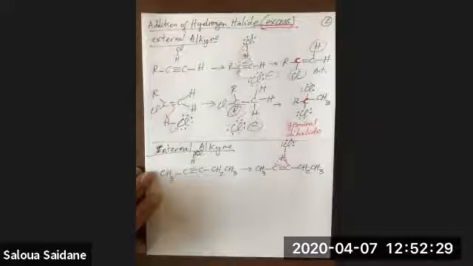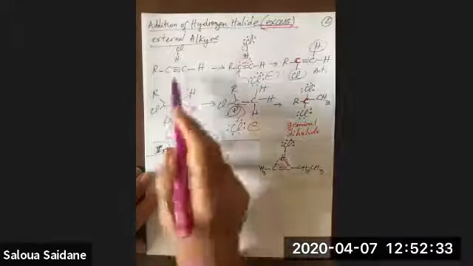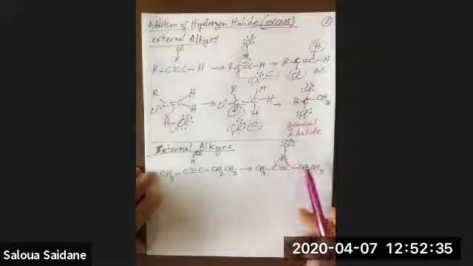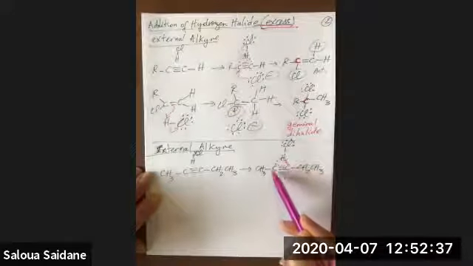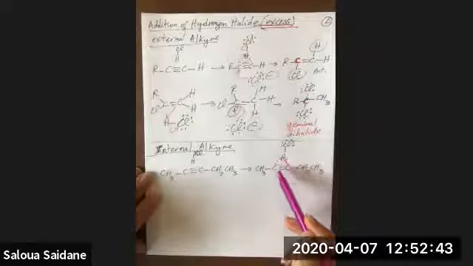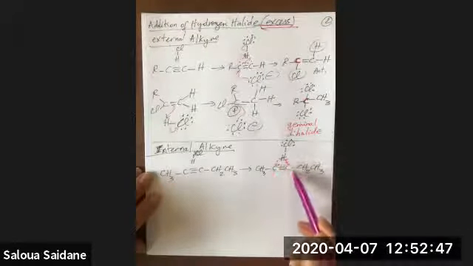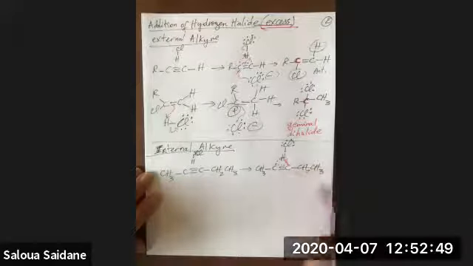So the question is, now here it's an internal, it's no longer external. Would it make a difference if the carbon adds on this side or that side? The answer is if the hydrogen adds on the right, this is secondary carbocation. If it adds on the left, this is also secondary. So we're going to have both, okay?